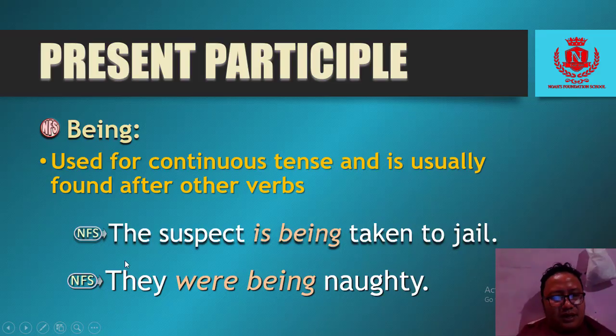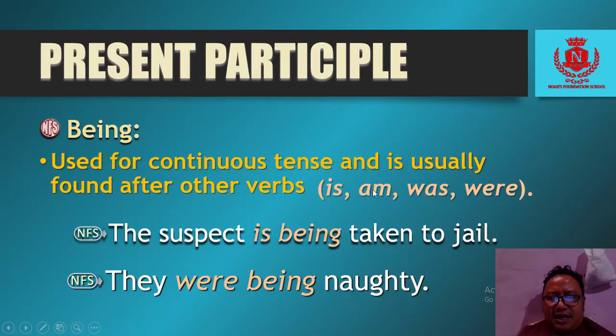That is why the subject and the verb has to agree. They were, or they are if it's a present tense. Is, am, was, were: these are the state verbs that we can use in this kind of situation. Understand?